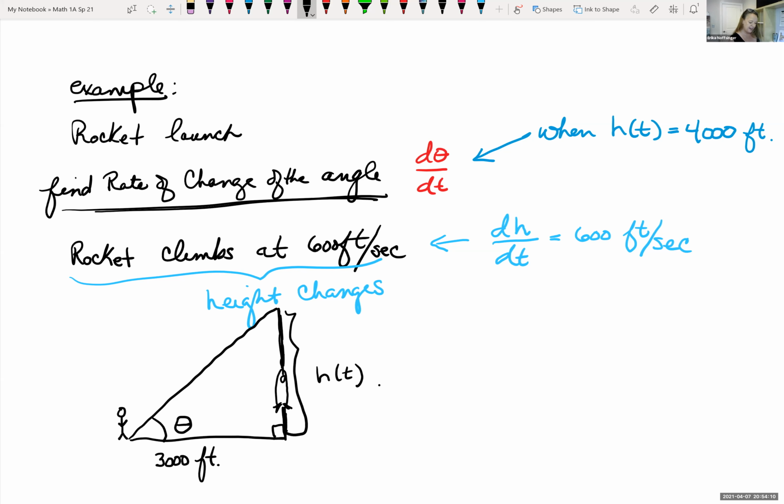I know that my angle deals with opposite and adjacent, which is tangent. So tangent theta is equal to my opposite side over my adjacent side, which is the height, all over the adjacent side, which is always going to stay the same, 3,000 feet.